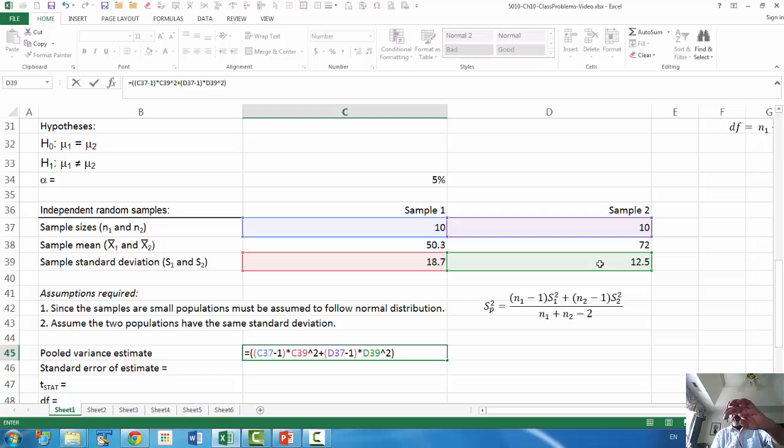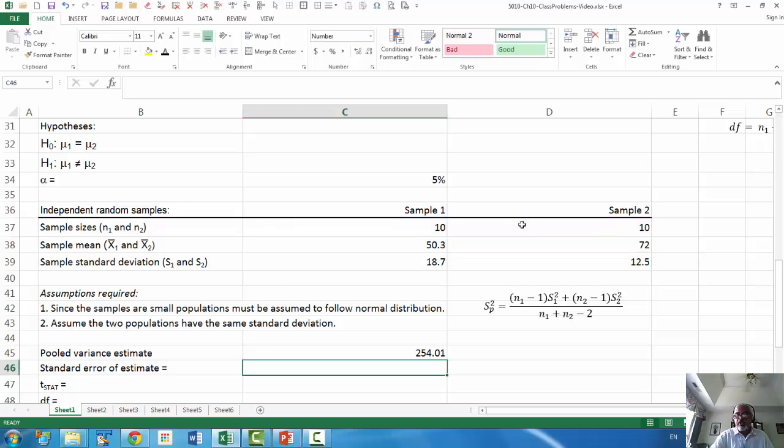Okay, so that's the numerator, and then the denominator is n sub 1 plus n sub 2 minus 2. Okay, and that's our pooled variance estimate. So this is the variance.